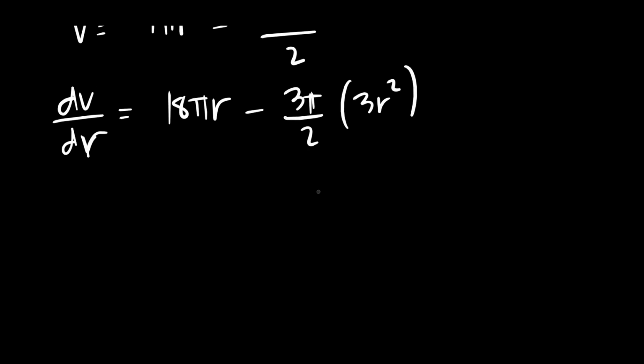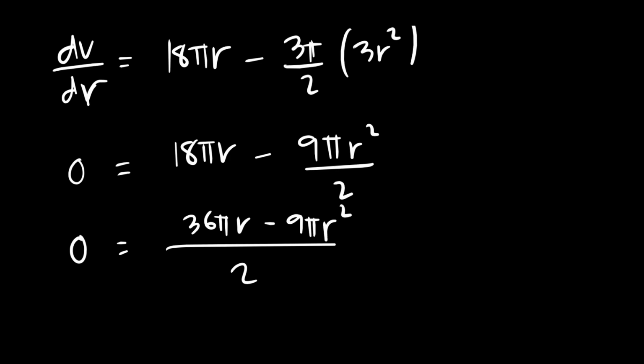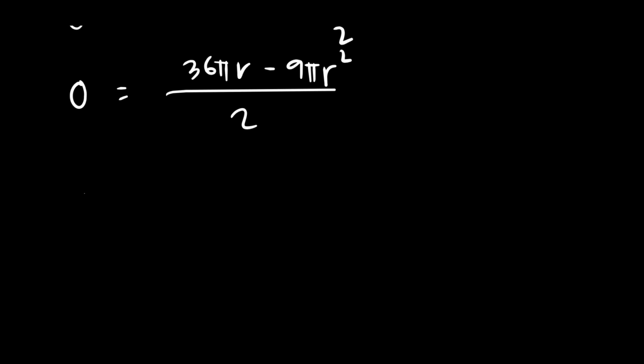So we'll now equate it to 0 to find the critical points, or the r. So 0 equals (18 pi r minus 9 pi r squared) over 2. So simplify. 0 equals 36 pi r minus 9 pi r squared.